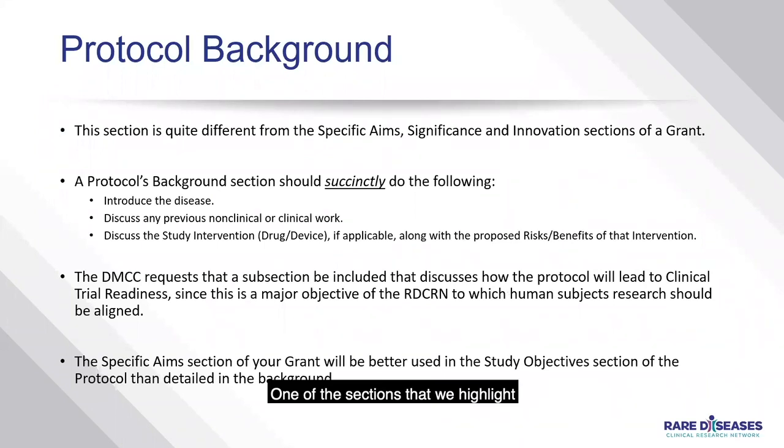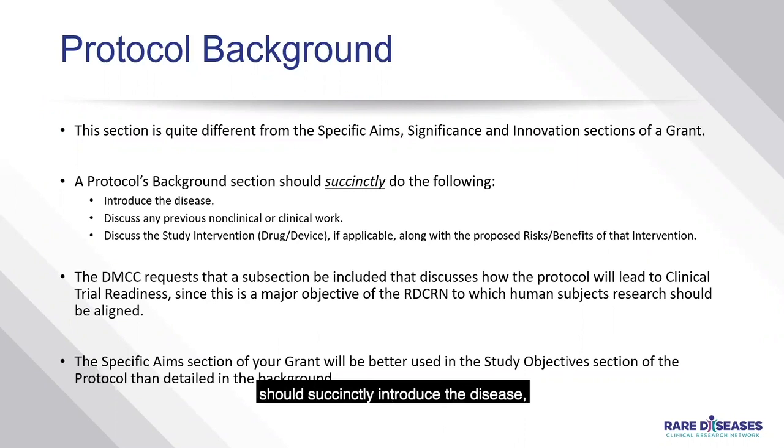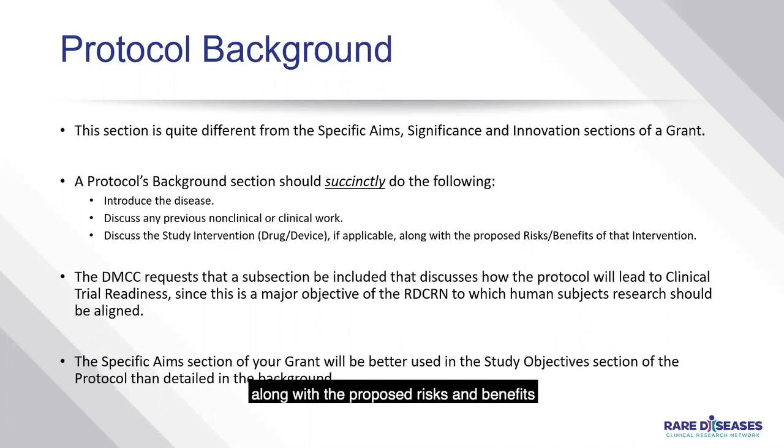One of the sections that we highlight in the grant to protocol conversion document is the protocol background. The reason we highlight it is because it's very different than the specific aims, significance, and innovation sections of your grants. A protocol's background section should succinctly introduce the disease, discuss any previous non-clinical or clinical work, and then if your study involves a drug or a device, introduce that drug or device along with the proposed risks and benefits and an analysis of the risk-benefit ratio to that intervention.